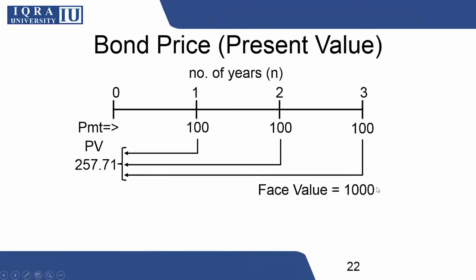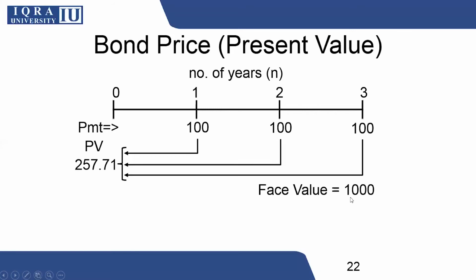This is the face value that you will receive at the end of maturity. This is important, that you are not only receiving these cash flows in terms of interest from the company, you will also receive face value at the end of the 3rd year, whether it is the third year or fifth year depending on the question, but this amount will always come at the end of the maturity time.